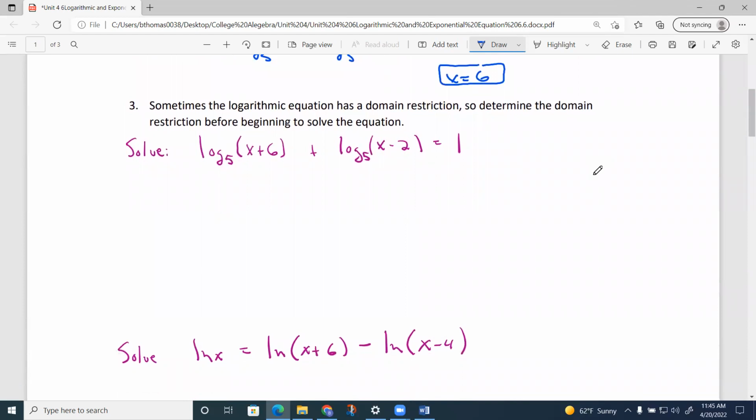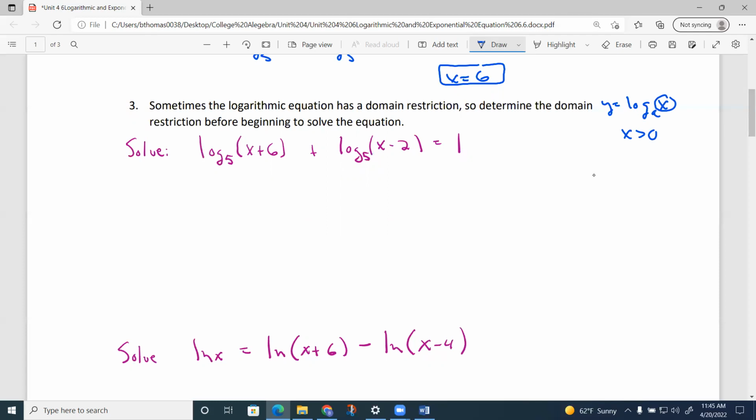So sometimes the logarithmic equation has a domain restriction, as we were just kind of mentioning. So we do want to determine the domain restriction before solving this equation. So as I said, if I give you y equals the log of x base a, its restriction is x is greater than 0. So what we're taking the log of has to represent a positive value.